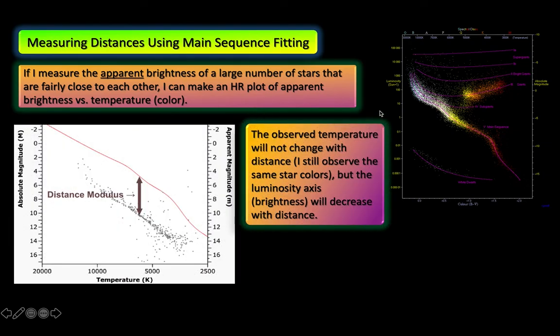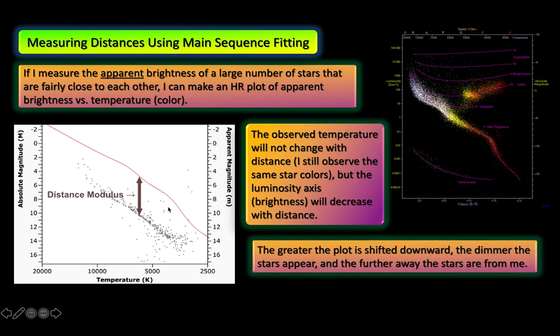And if I observe a whole bunch of those stars, the color I observe is not going to change, but the brightness of those stars will decrease the further and further away they are. So if I make an HR diagram, and I see all the stars are lower than what they should be, I could turn that into the distance to that big cluster of stars, and then I know the distance to those stars.